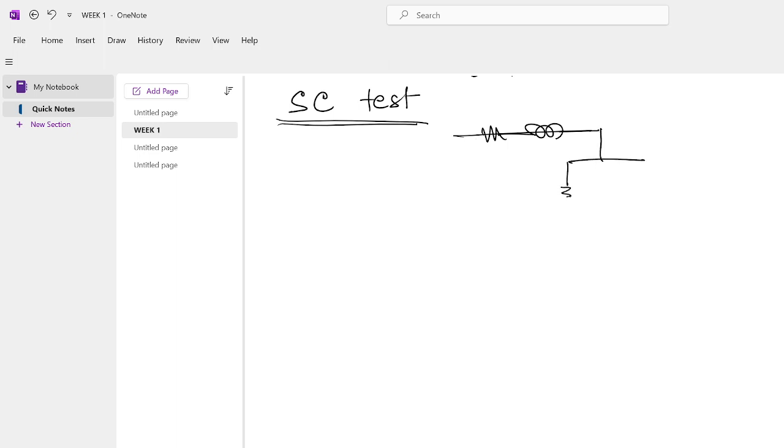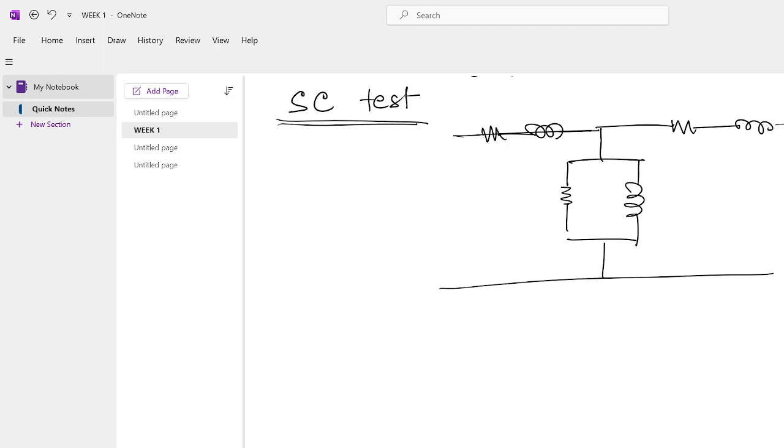Yes. So the low voltage side is short circuited.